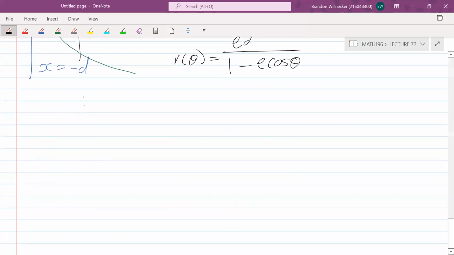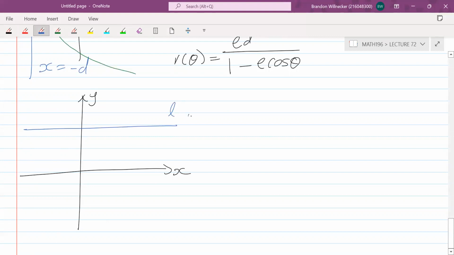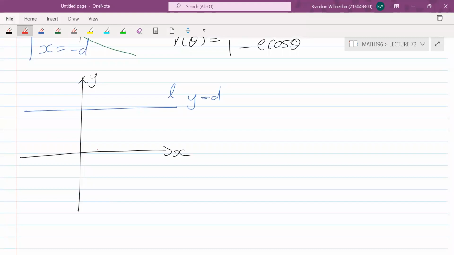Okay, so again, we draw our xy axes. Okay, and let's say we've got a horizontal directrix line here, y equals d. Again, the focus is at the origin. If it's not at the origin, we can just shift it so that it is there. And then we've got our parabola, something like that.